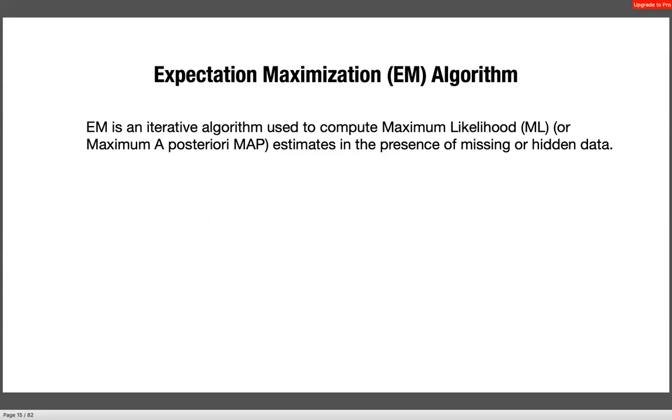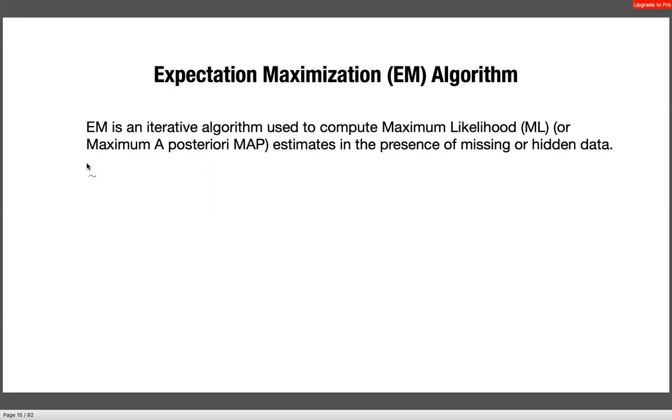In most of those settings, you might have considered all of your data to be fully observable, meaning that you don't consider that there are some hidden variables in your problem. So how do you handle such hidden variables or missing data when it exists? It does exist in many, many real world settings. Given that you don't have all the observations and there are these hidden variables, how would you go about computing maximum likelihood estimates?